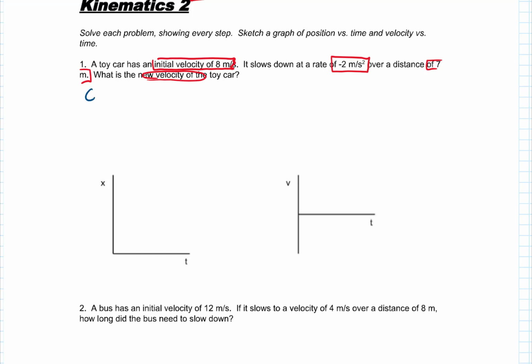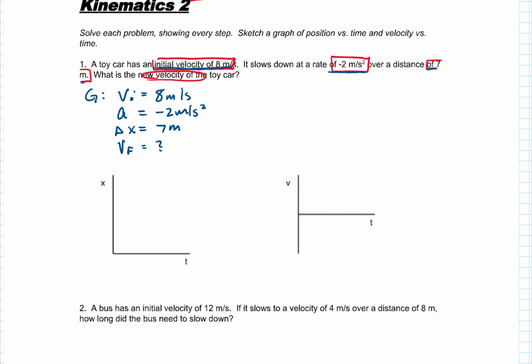So going through it, my givens: the initial velocity of 8 meters per second, slows down at a rate of negative 2 meters per second squared. That's our acceleration, negative 2 meters per second squared, over a distance of 7 meters. So my displacement is 7 meters, and what we want is the final velocity.